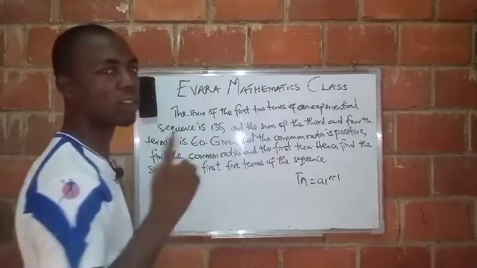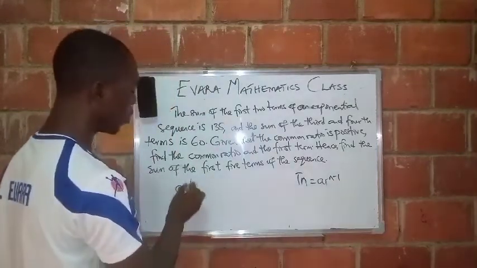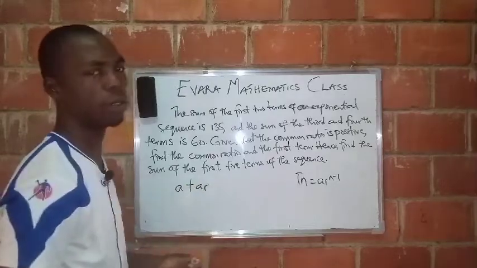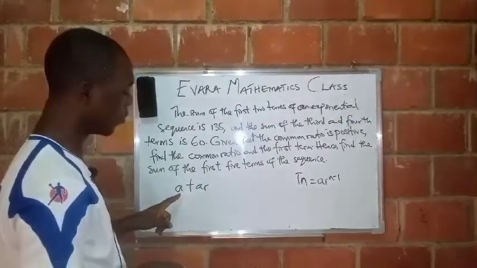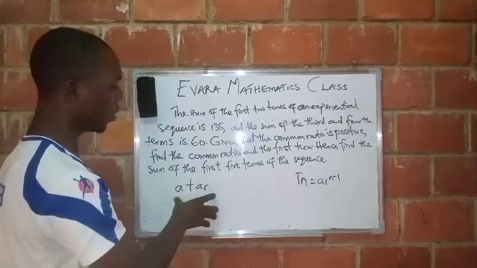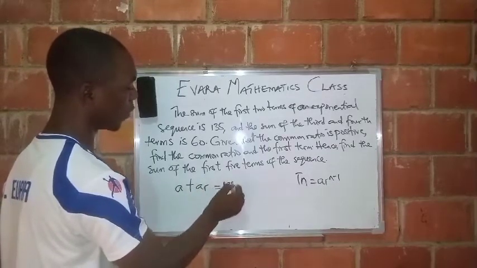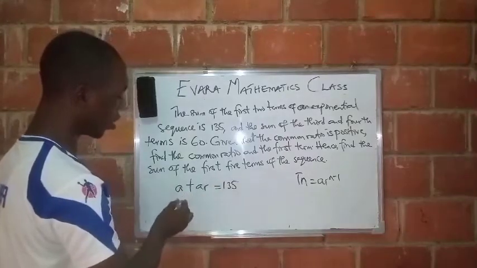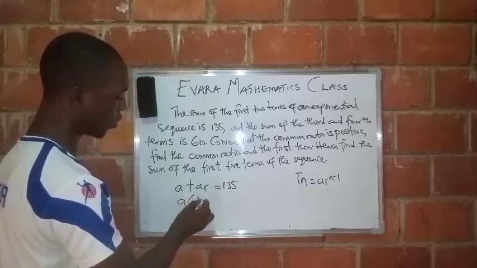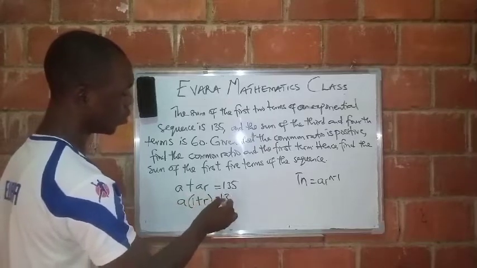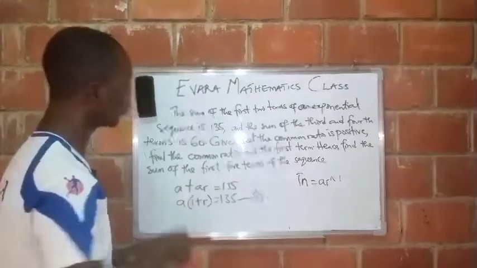So if you are getting the second term now, that will be 2 minus 1, 1, so that will give us AR. First term is A, second term is AR, and we are told that their sum is 135. A is common here. If you bring it out, you are left with 1 plus R equals 135. We'll take this as our first equation.